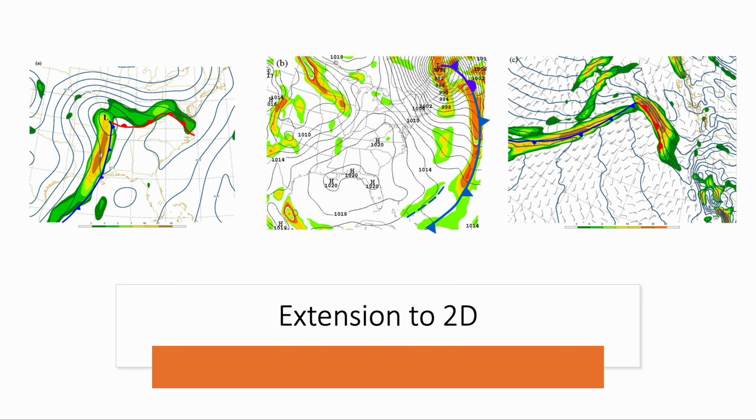And here I wanted to present you with examples of the frontogenesis function. Here we're looking at shear and confluence terms in particular. You can see these are different cases, obviously: one on the East Coast, a couple on the East Coast, and one on the Pacific.